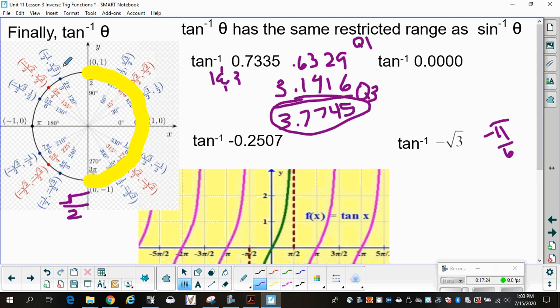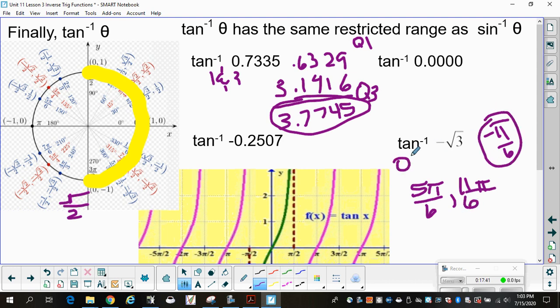And if I want it going all the way around, that means I'm going to have 5 pi over 6 and 11 pi over 6. So notice this is the answer to the function, but from 0 less than or equal to theta less than 2 pi, these are the answers.